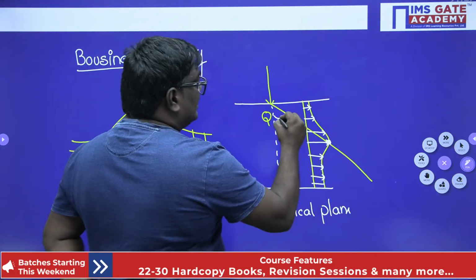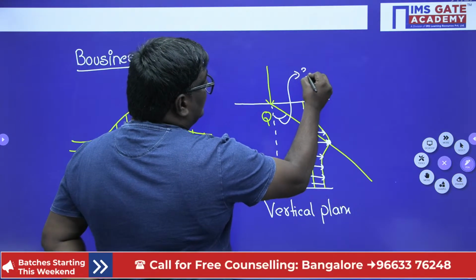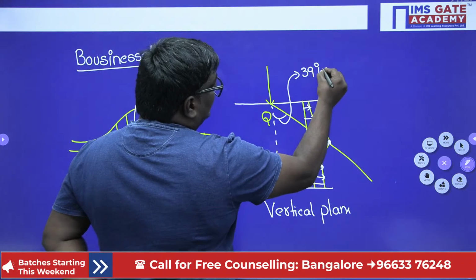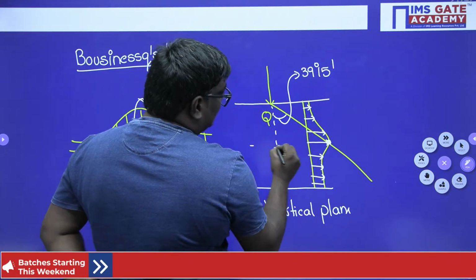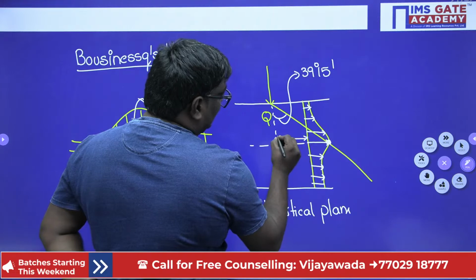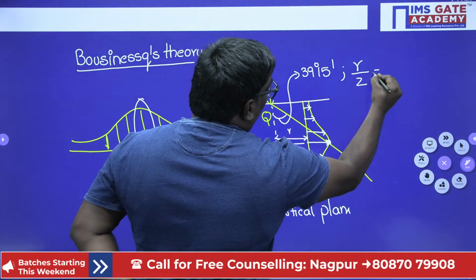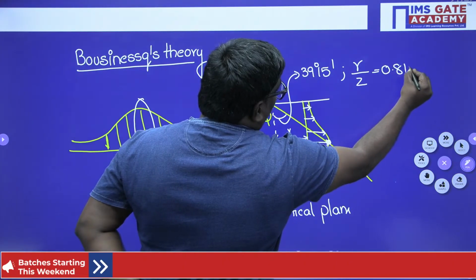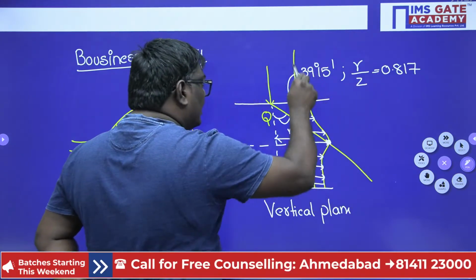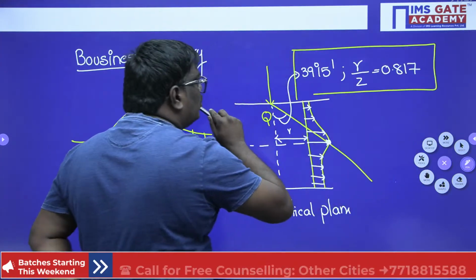The angle here is 39 degrees 15 minutes, and if you consider this as the radial distance r, they have given r by z value also equal to 0.817.